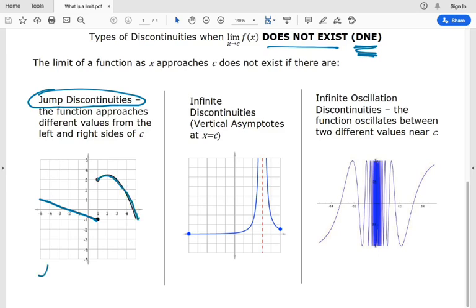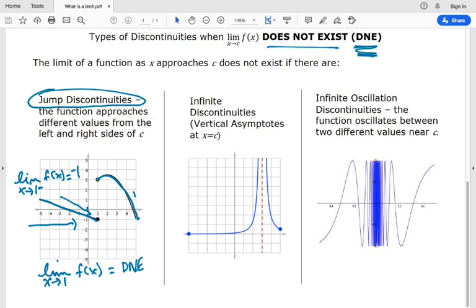So here, if I took the limit as x is approaching 1 of this function f of x, I'm going to get an answer of does not exist. The reason why is because as I come from the left, the y value is approaching this -1 right here. So the limit as x approaches 1 from the left of f of x equals -1.